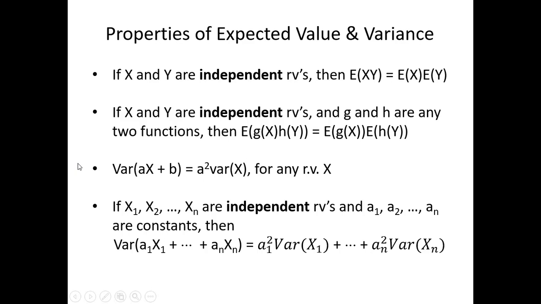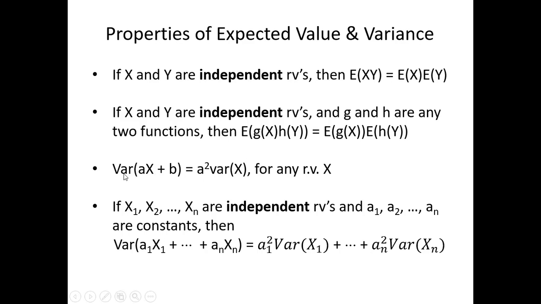All right, another important property of variance is if I have what we'll call a linear combination. X is a random variable. Think of a and b as just some real numbers, constants.